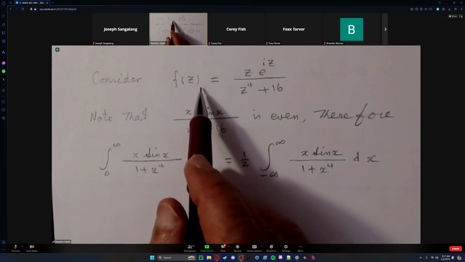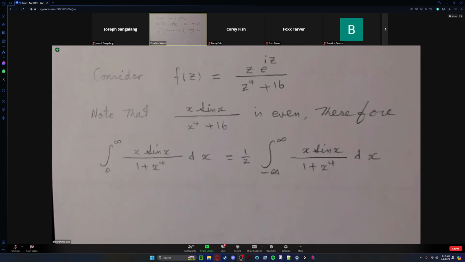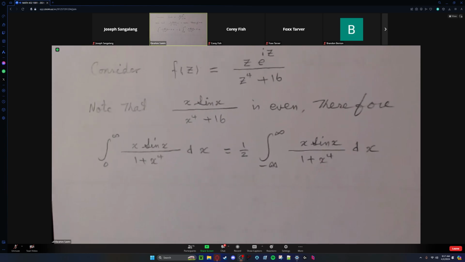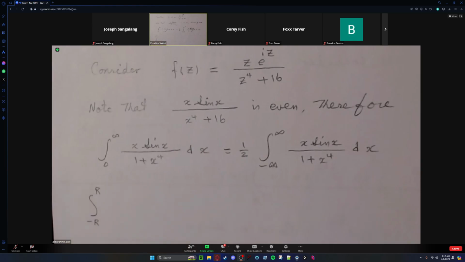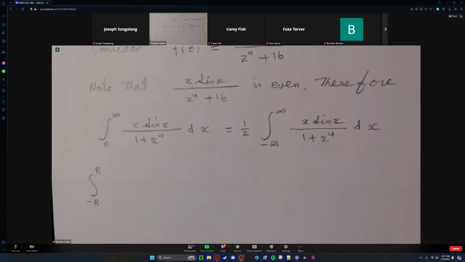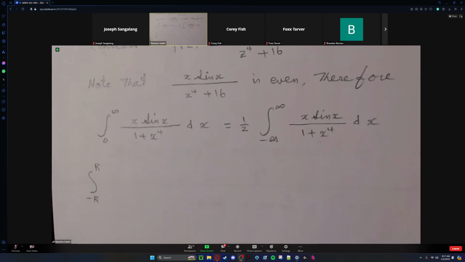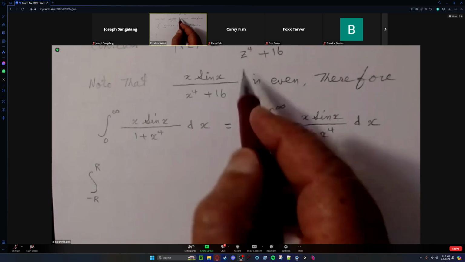So integrating f of z over that contour will give us the integral from negative R to R of f of x dx, right? Because it's on the x-axis.